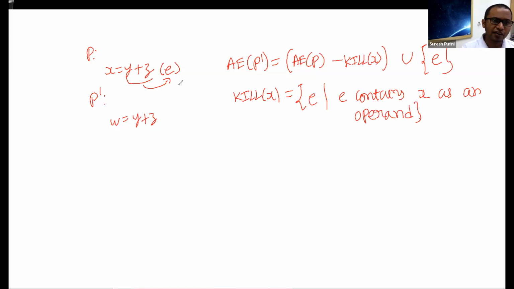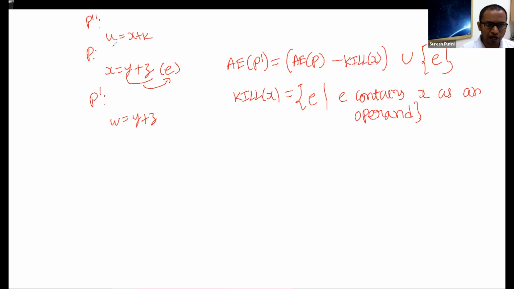For example, if we have an expression such as y plus x, let's say before program point P prime, you have something like program point P double prime, and here you have something like u is equal to x plus k. So this expression x plus k is available at the program point P, but it is not available at the program point P prime because x is getting modified by this tuple. The operand x is getting modified by this tuple. So because of that, we want to kill it.